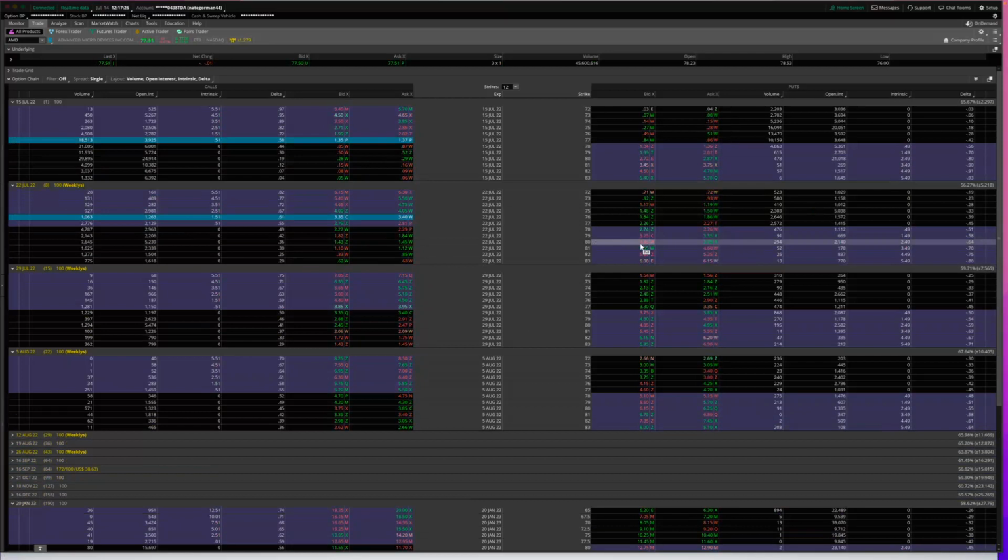That's in one week. The $76 are going to be $3.30, about $3.40. You can see the bid and the ask spread here. So that would cost me $340 per option that I wanted to purchase. So any questions there?